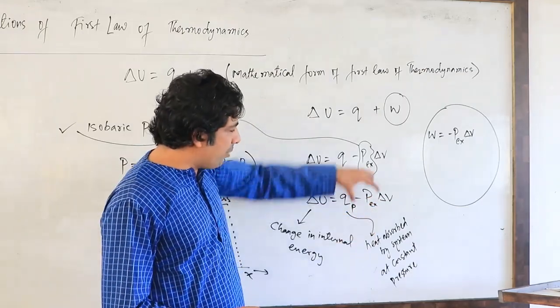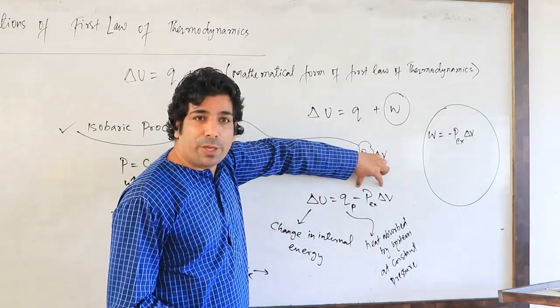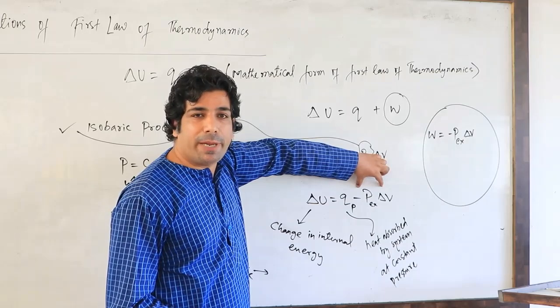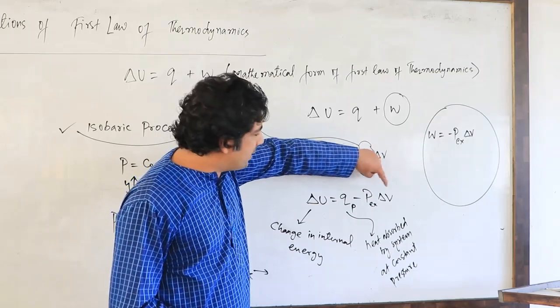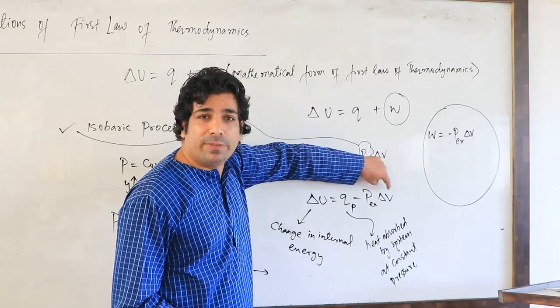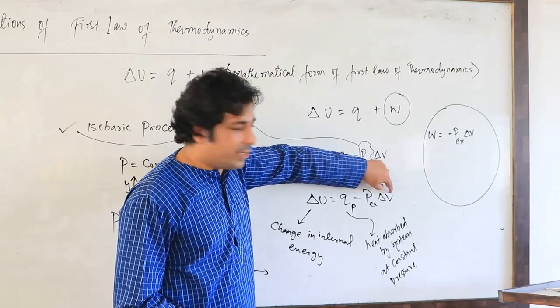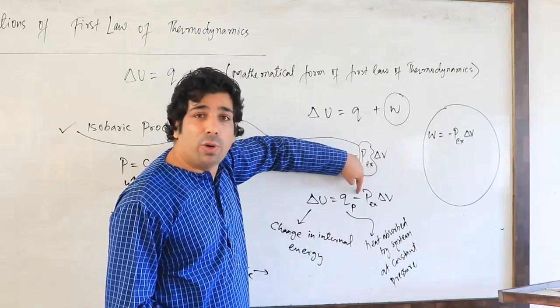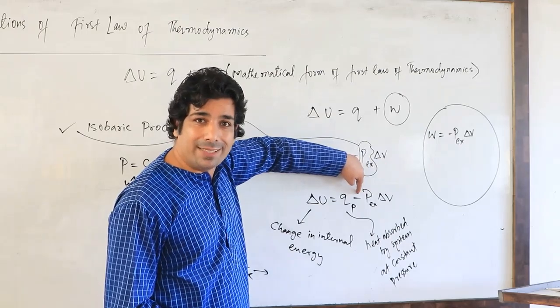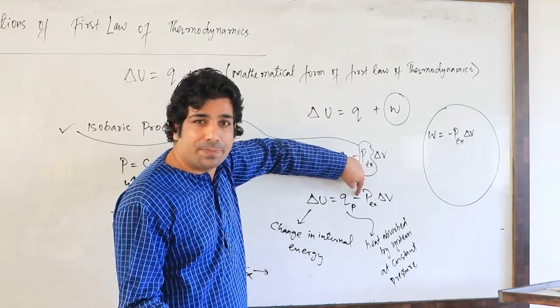Whether it's a work of compression or work of expansion, it depends upon this delta V now. Let us suppose if delta V is negative, then negative into negative will become positive. So work will be done on the system.